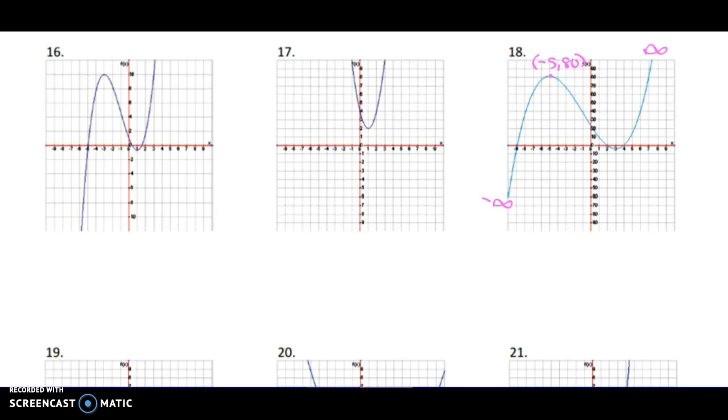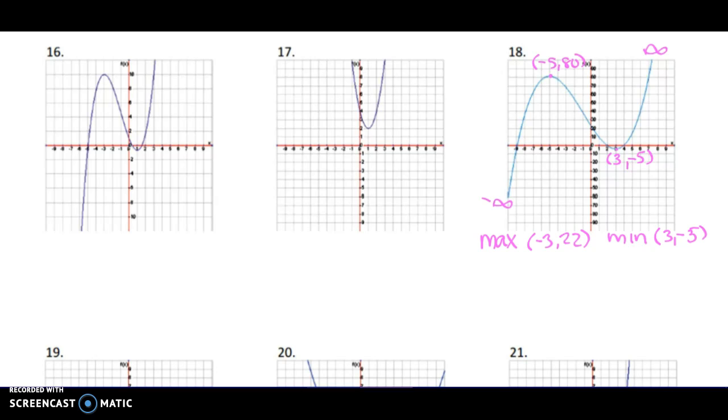And the minimum, 3, and -5 is about halfway between 0 and -10, so I estimate it. Max -5, 80. Min 3, -5.